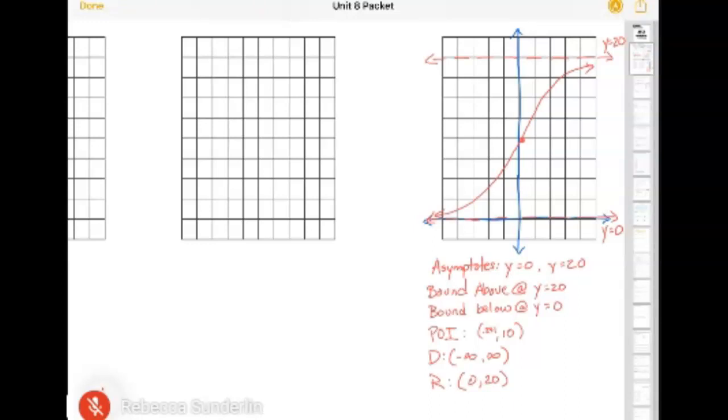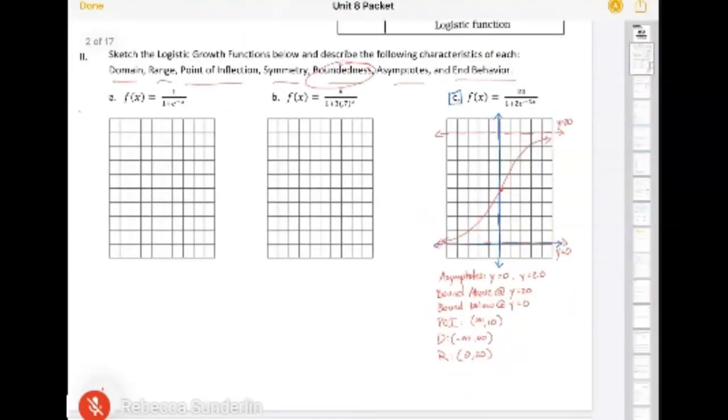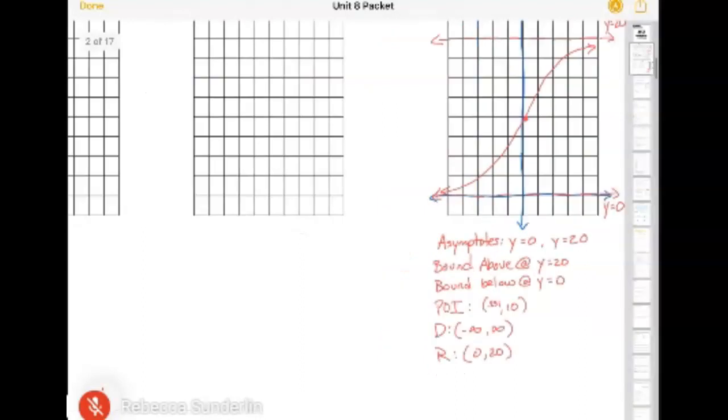Okay, then what else? Symmetry. When it's asking for symmetry, it's asking whether it is symmetric with the origin, or symmetric with regards to the y-axis. If it's not symmetric to either of those, you write none. Does not have any symmetry.